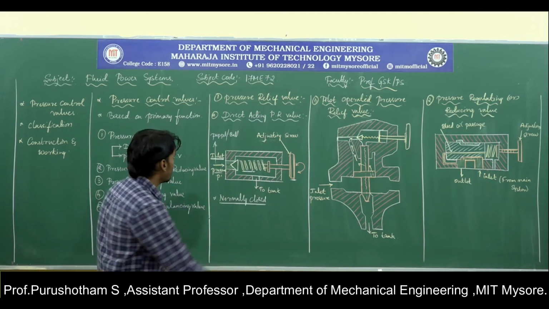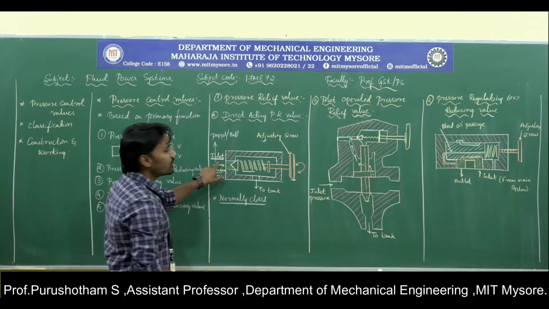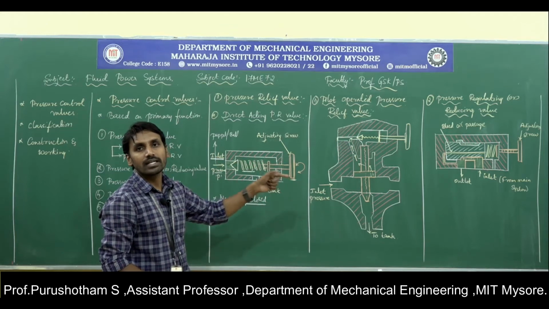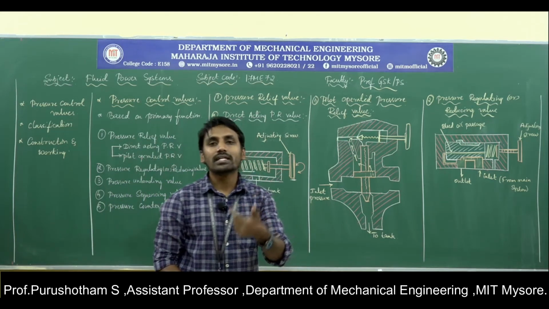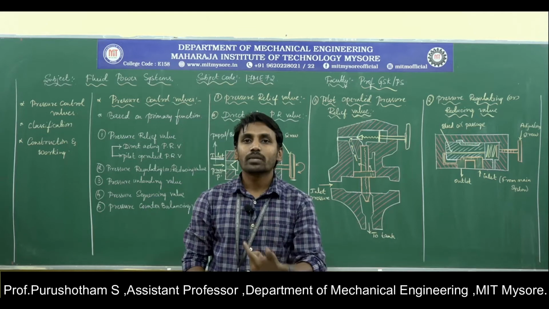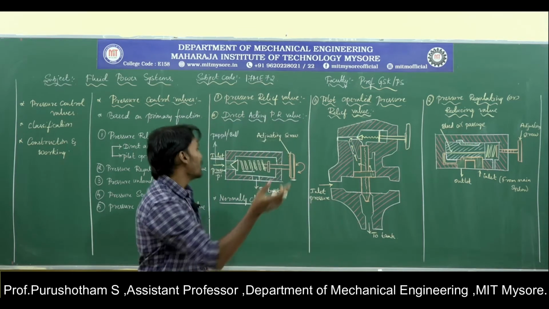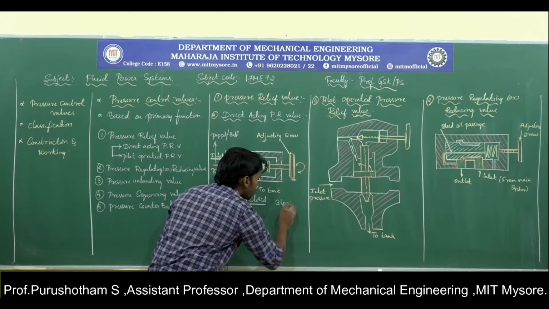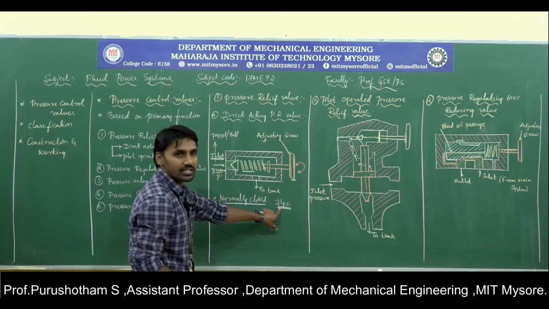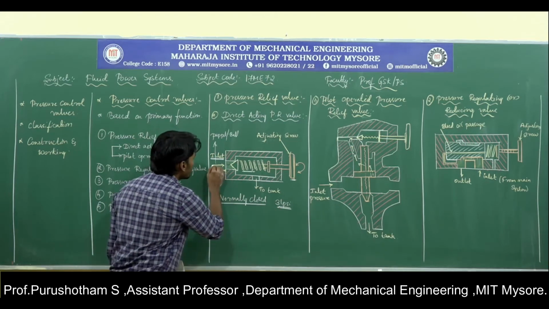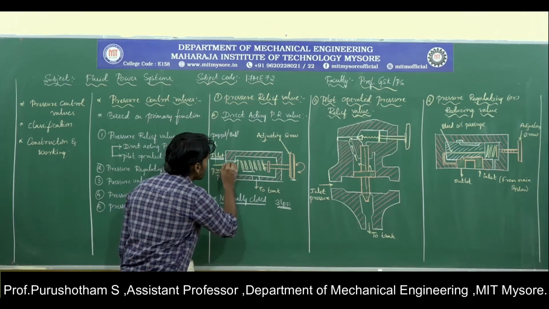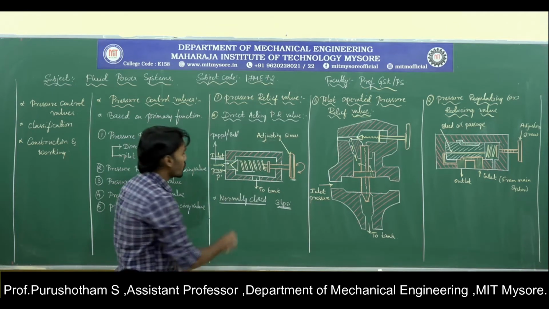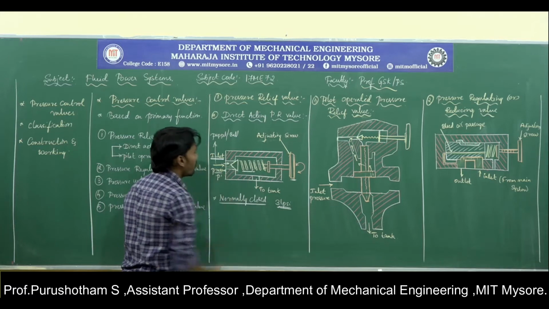When the system pressure exceeds the prescribed pressure, for example the prescribed pressure is 30 psi and the system pressure is around 31 psi, then the fluid forces open this poppet.